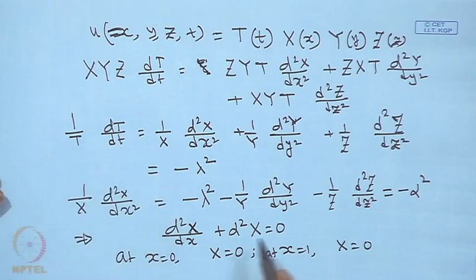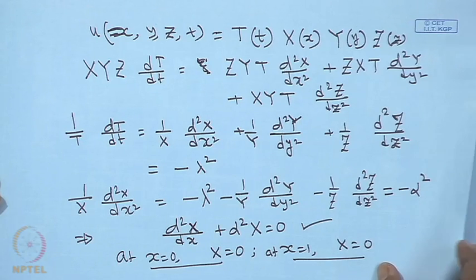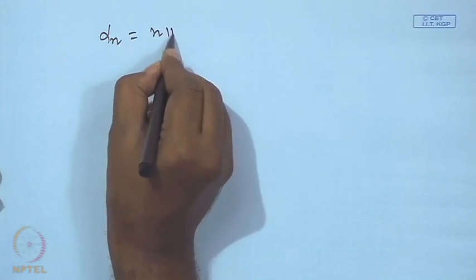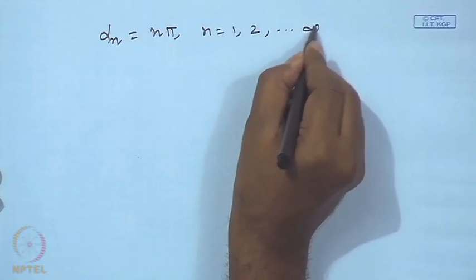Now, if you look into this equation, it is again a standard eigenvalue problem, and both the boundary conditions are homogeneous and they are Dirichlet. So, we have already seen the solution of this problem. The eigenvalues are given by n pi and eigen functions are given by sin n pi x. So, therefore, alpha n for this particular problem is equal to n pi, where the index n runs from 1, 2, 3 up to infinity.